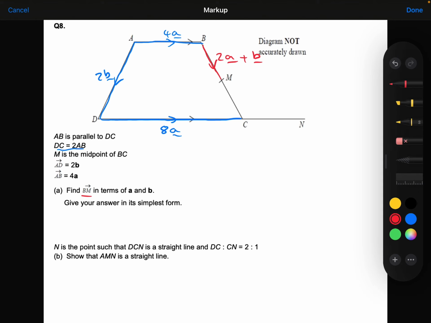We're then told that point N is such that DCN is a straight line, and D to C is 2 parts, and C to N is 1 part.